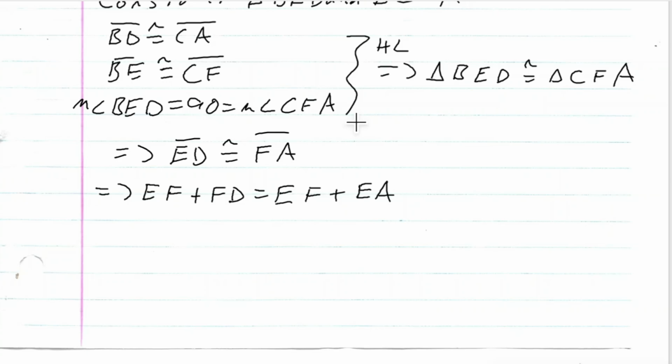So the EFs we can subtract on both sides, so that gives us FD is equal to EA. So of course that means they are congruent.